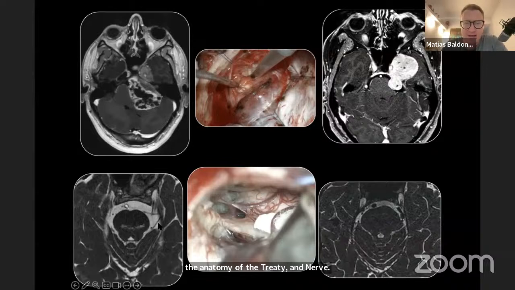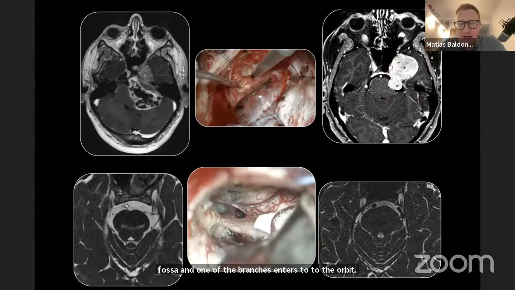It is a really complex anatomical structure, because it goes from the posterior fossa to the middle fossa, and one of the branches enters the orbit.